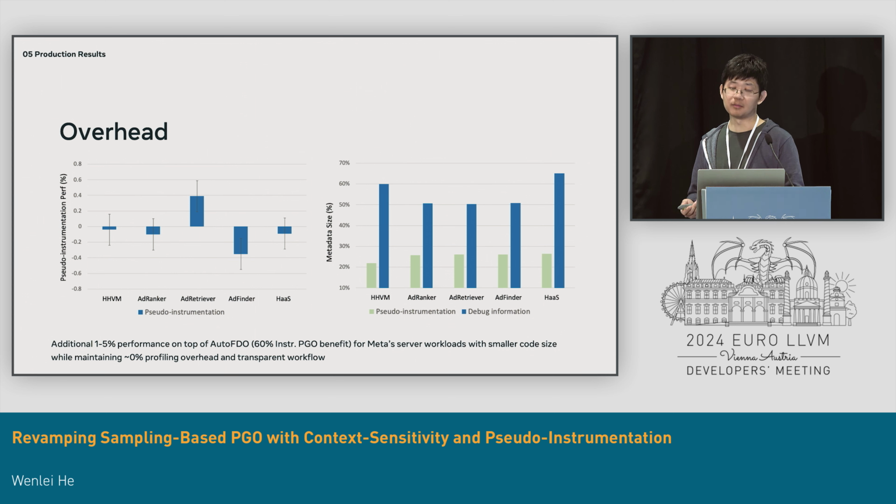It's smaller than the debug information. The low runtime overhead and manageable size overhead make it possible for us to hide this CSSPGO in the background. So we turn pseudo-instrumentation on by default for all the data center applications running for Meta.